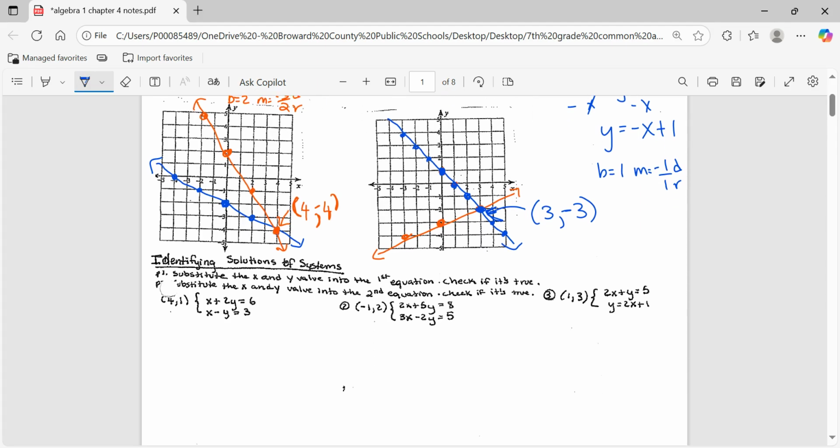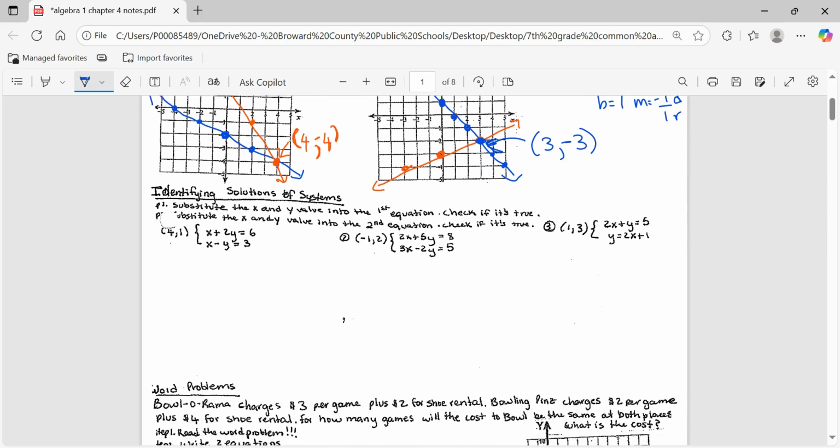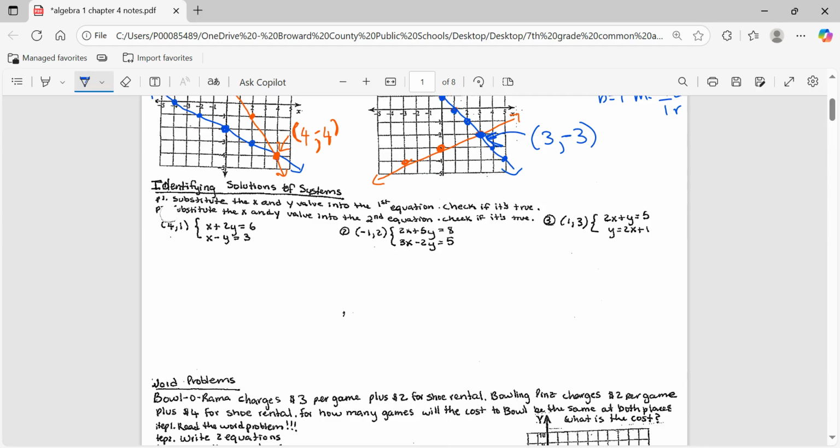So if a point is a solution to the system, that means it must be a part of both lines. In order to tell if this point is a solution to the system, all I really have to do is substitute it to find out if it's true. So we have here x plus 2y is equal to 6.